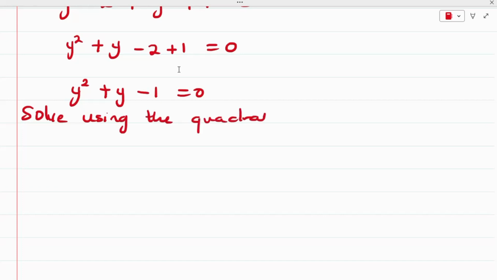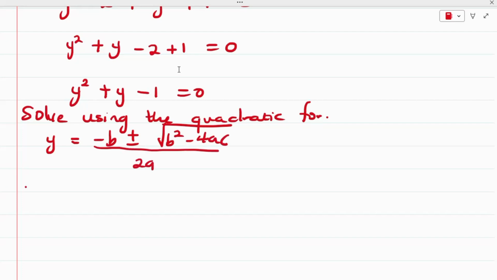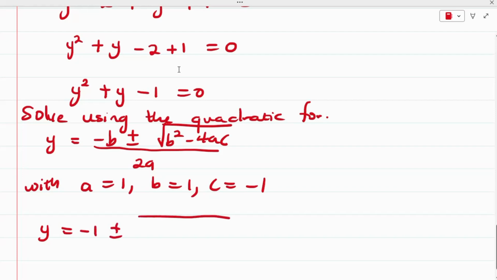So applying the quadratic formula that states that if we have y is equal to minus b plus or minus the square root of b squared minus 4ac, all over 2a, whereby we have that a is equal to 1, b is equal to 1, and c is equal to negative 1. So from here we have that y is equal to minus 1 plus or minus the square root of 1 squared minus 4 multiply a, which is 1, multiply c, which is negative 1, all over 2 multiply 1.